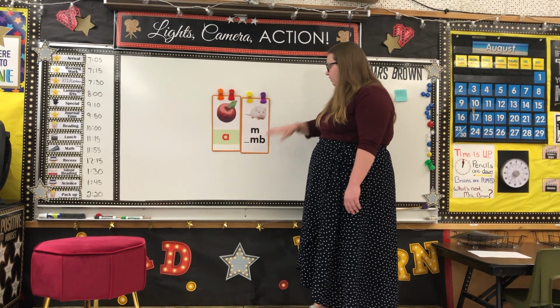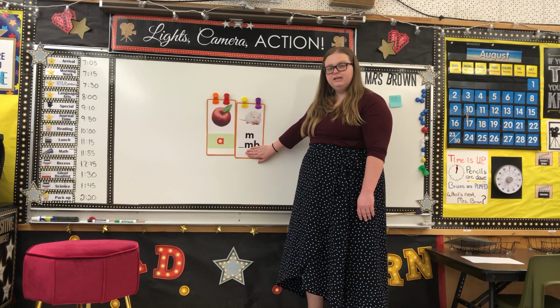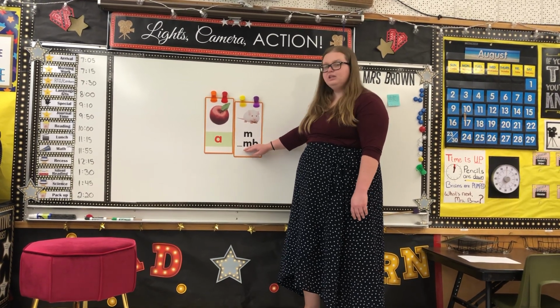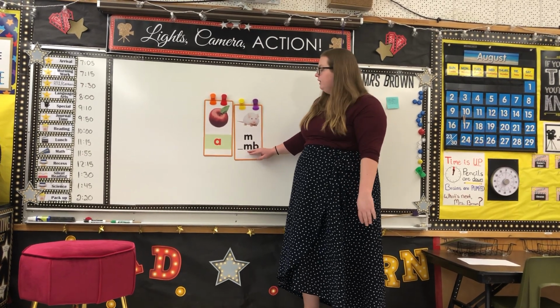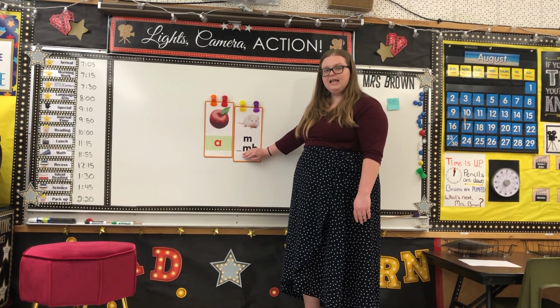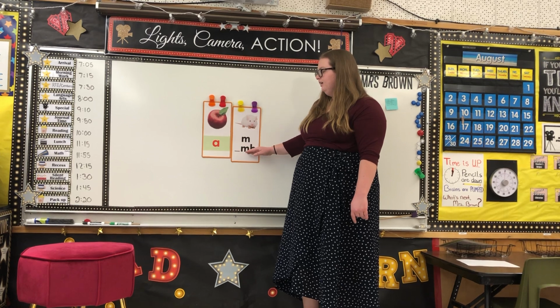And the reason is when M and B come together, it still makes the M sound. So like in the word comb, like combing my hair, that would be C-O-M-B.